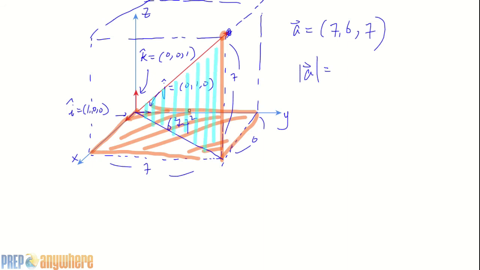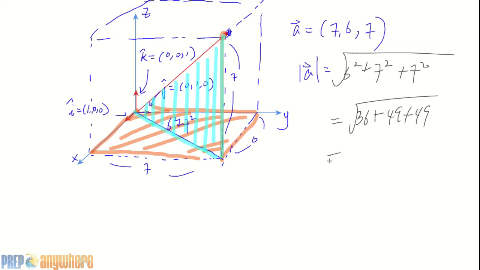So you have 6 squared plus 7 squared is this one squared plus this one squared. So the magnitude of A is going to be 6 squared plus 7 squared plus 7 squared, all square rooted. It's just the 3 edges of the box squared. Very simple. What does that give you? Okay, so that's how you find the magnitude.